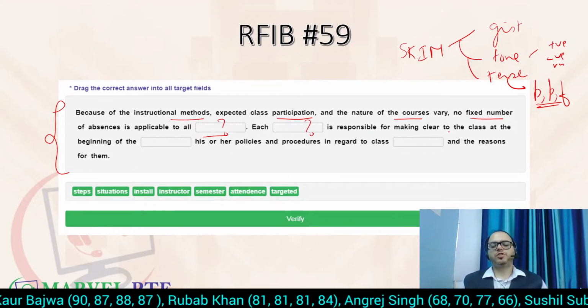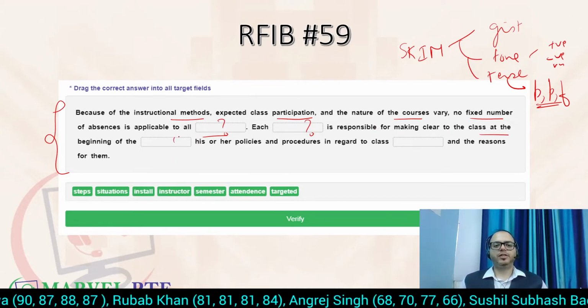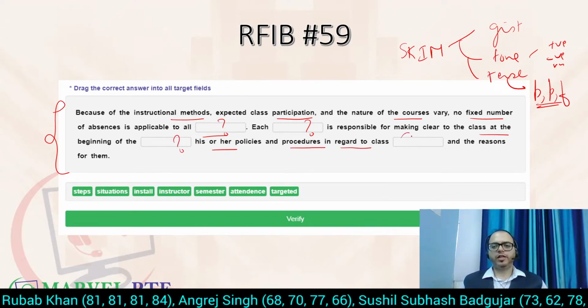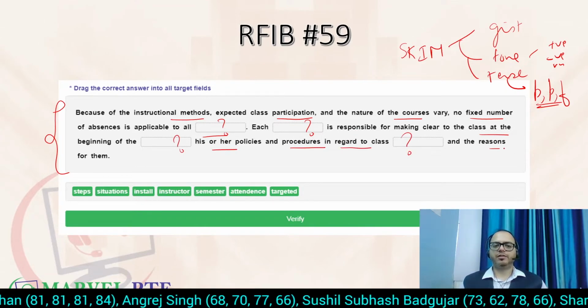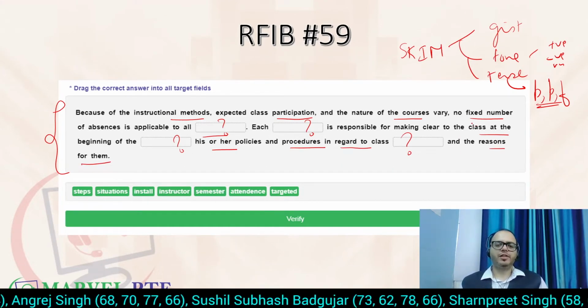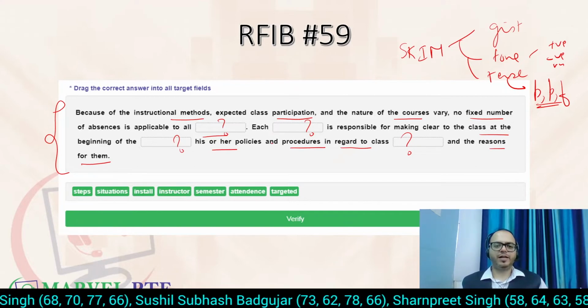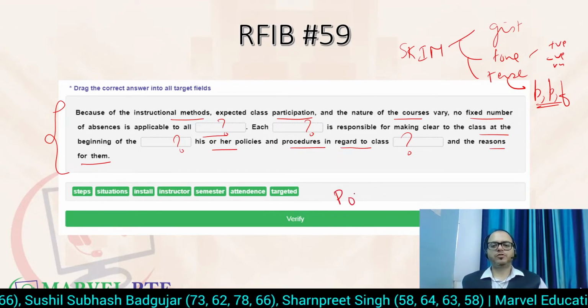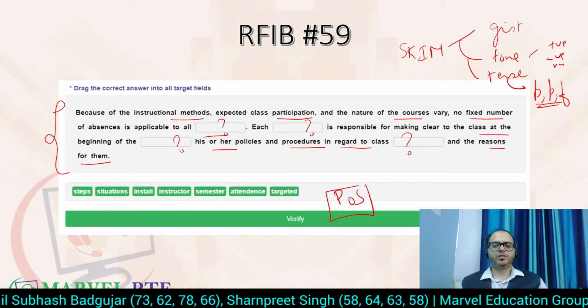Each dash is responsible for making clear to the class at the beginning of the dash his or her policies and procedures in regard to dash, class dash and the reasons for them. Okay, so it talks about class, attendance, and their policies. Now after skimming, you know that we do parts of speech classification.